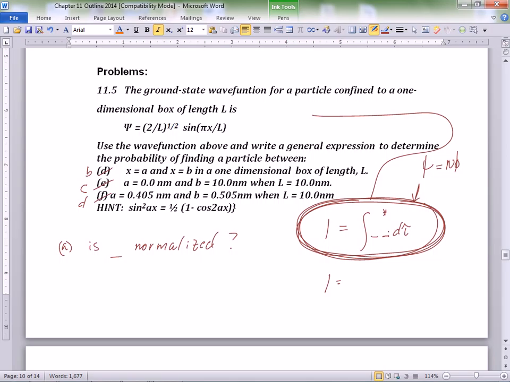So that to me would be the starting point. Psi star psi. So put in the square root of 2 over L sine pi x over L times, same thing again, and you'll end up with 1. So you could pull the 2 over L out because you're just multiplying it by itself.